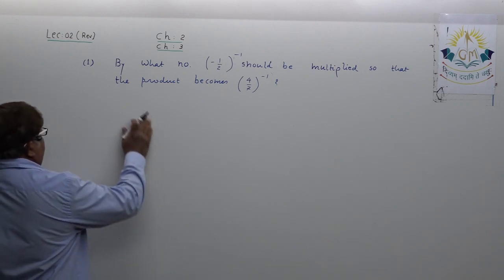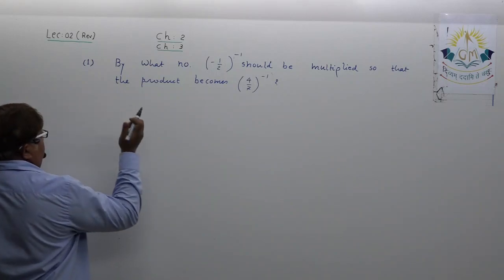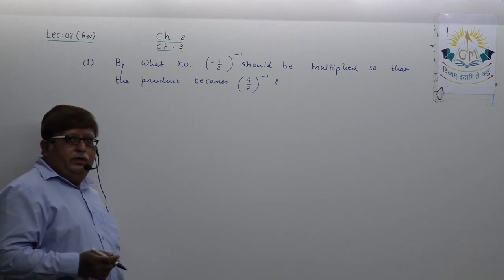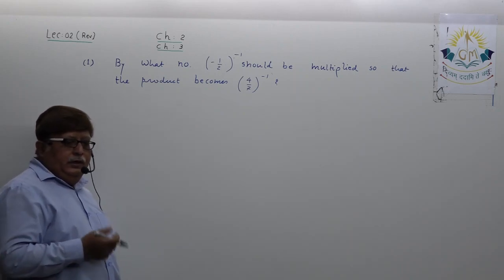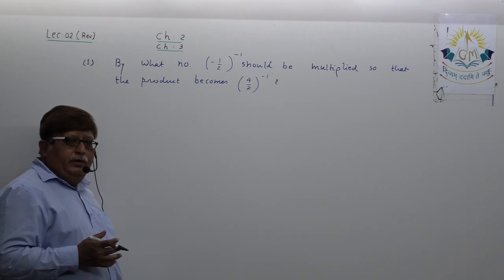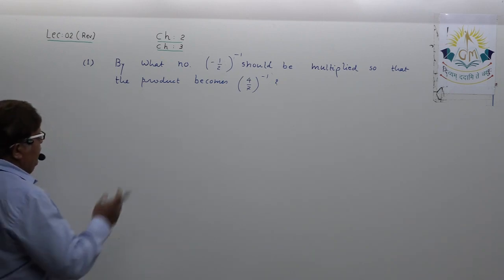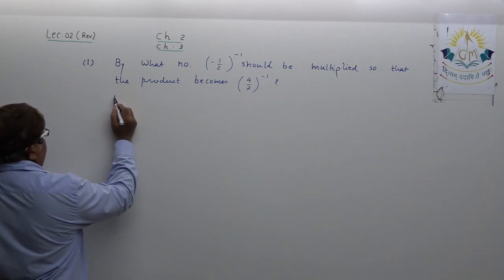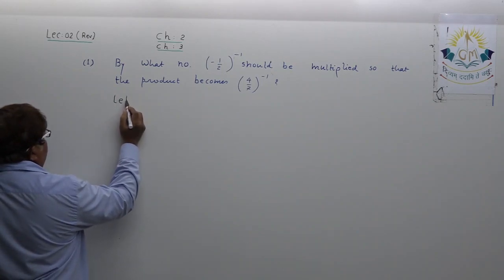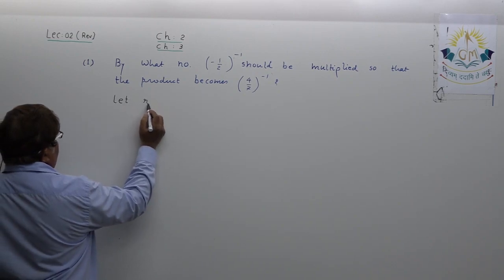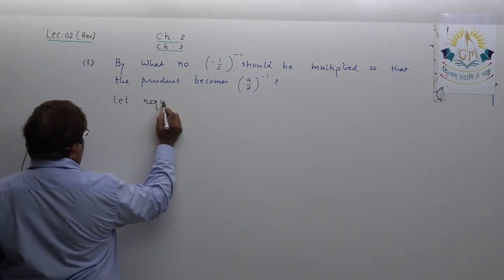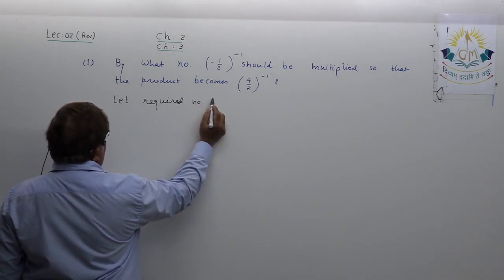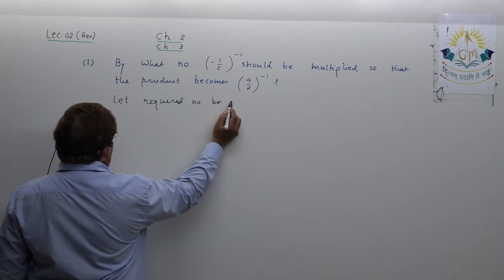Okay, let me write the start. You must have solved so far in your book already. You just need to verify with the example I am solving here. Let the required number be x.